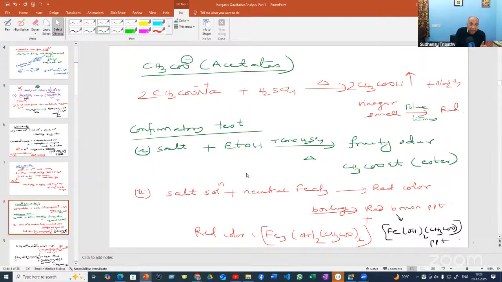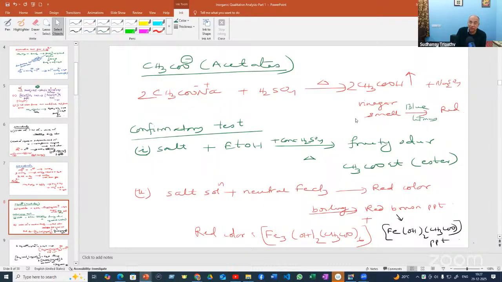Or, this acetic acid that is produced, the salt solution with, of course, neutral ferric chloride, because ferric chloride contains a lot of unreacted HCl. So that has to be first neutralized by base, then added. Then it will get a red color.